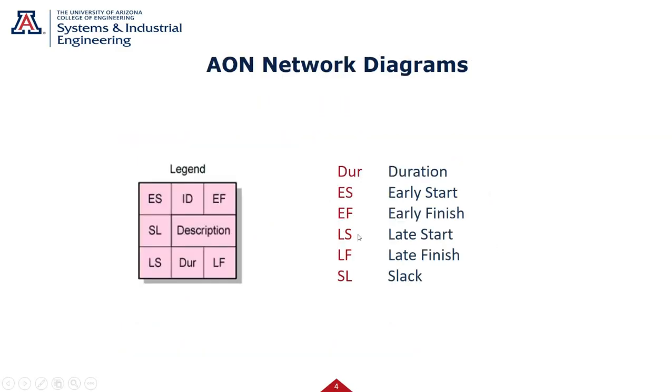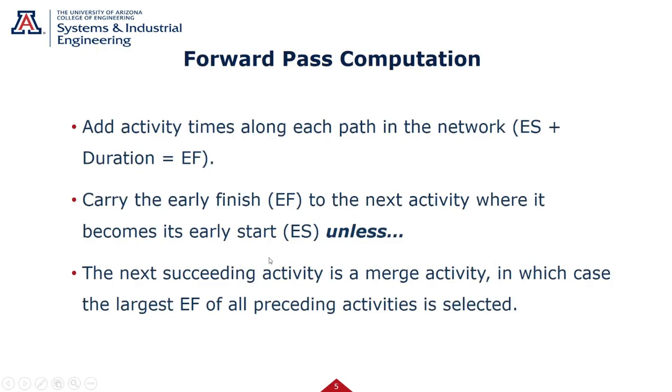So now we're going to take these and make them a little bit more detailed. We're going to have this little grid. In the middle is the ID number of the task, and then down here is the duration of the task. So we kind of had our ID and our duration. Now we're going to figure out the early start, early finish, late start, late finish, and the duration. So forward pass, it's easy.